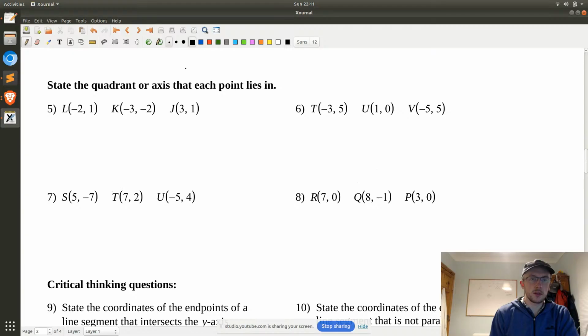State the quadrant or axis that each point lies in. This is in quadrant 2, quadrant 3, quadrant 1. This is in quadrant 2, positive x-axis.